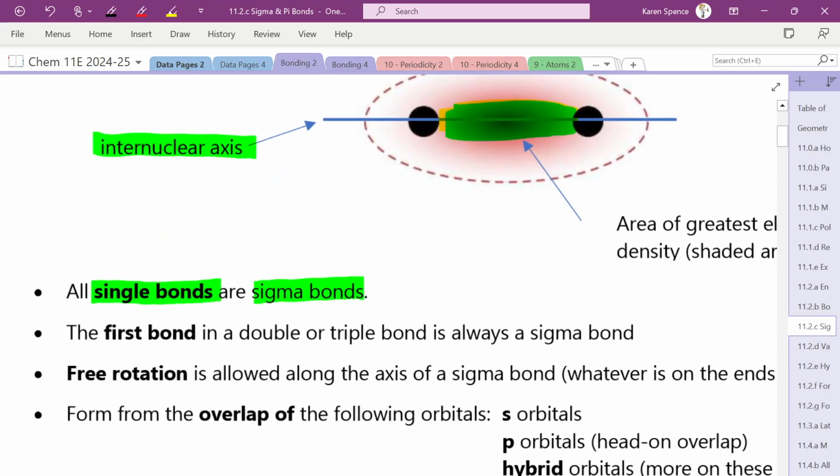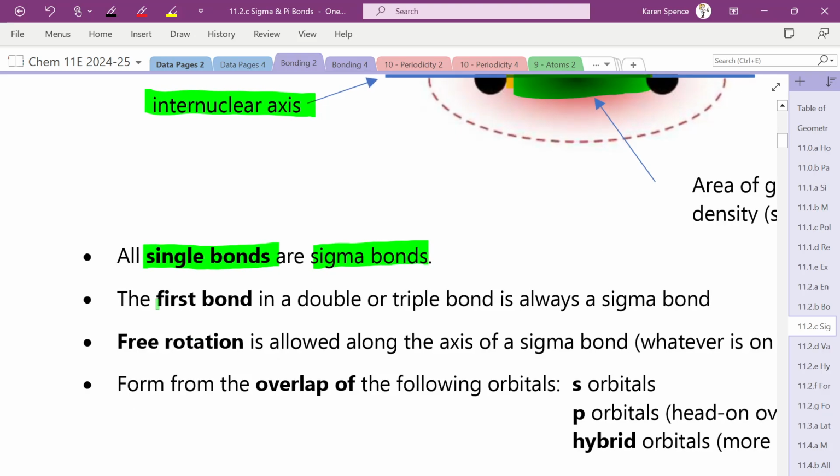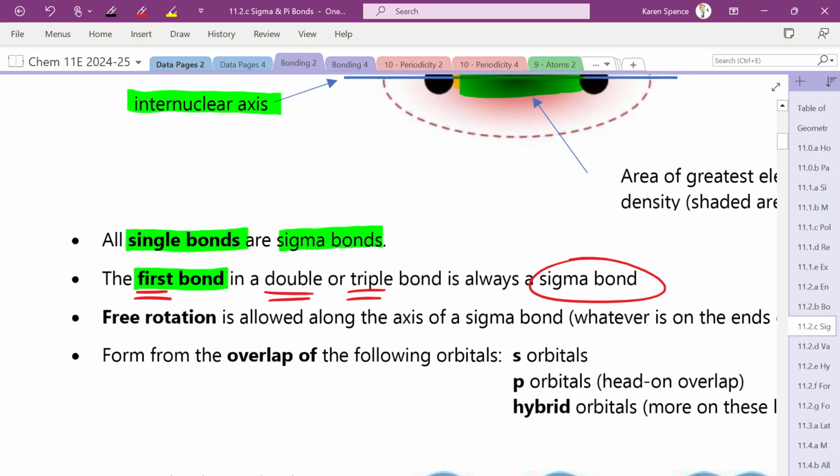The first bond in a double or triple bond is sigma. And when you have a sigma bond, you can have free rotation along the axis.